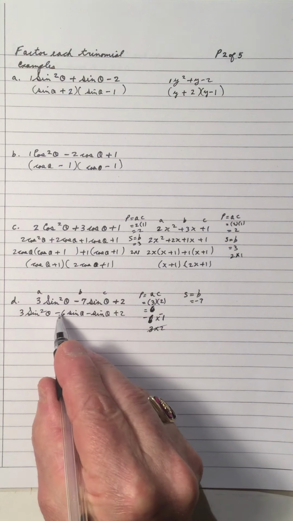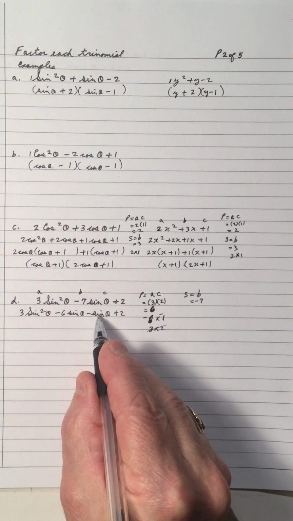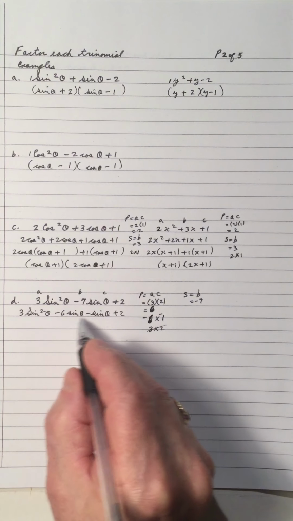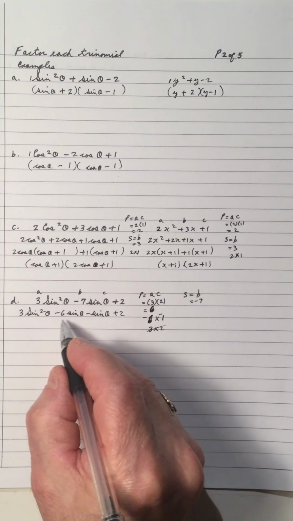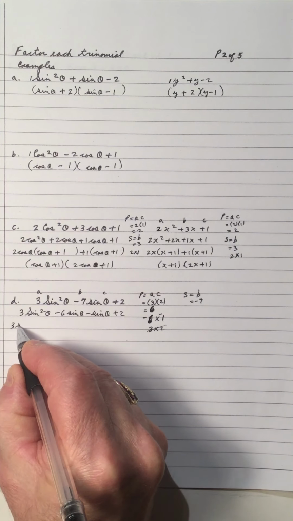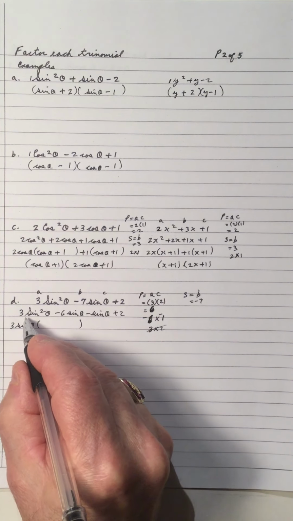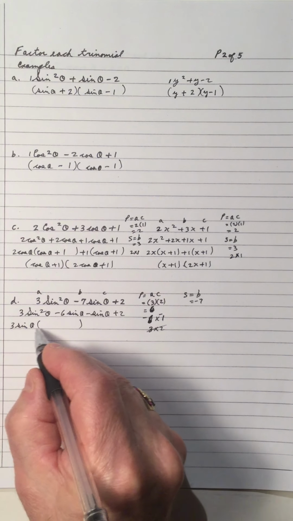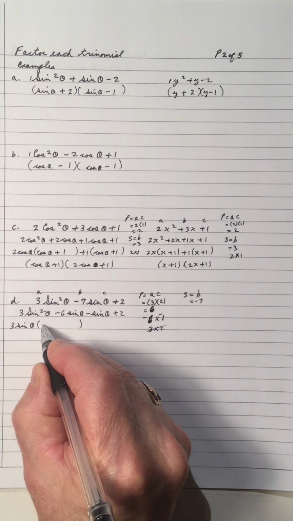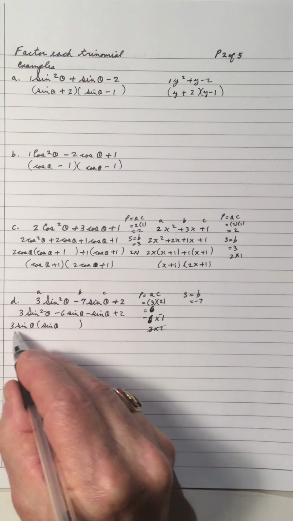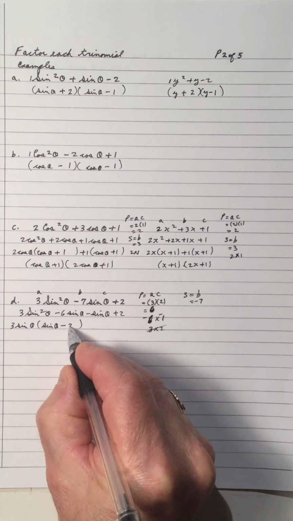So I took the two factors and moved them here with a sine theta: negative 6 sine theta, negative 1 sine theta. Now I'll factor by grouping. So I'll take out a 3 sine theta in the first two. 3 sine squared theta divided by 3 sine is sine theta, and 6 sine theta divided by 3 sine theta is negative 2.